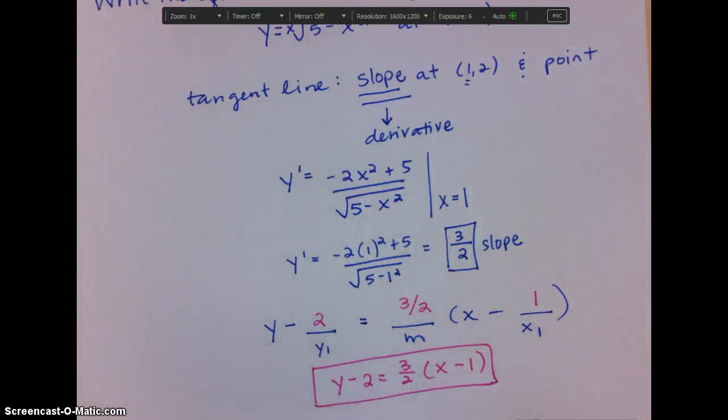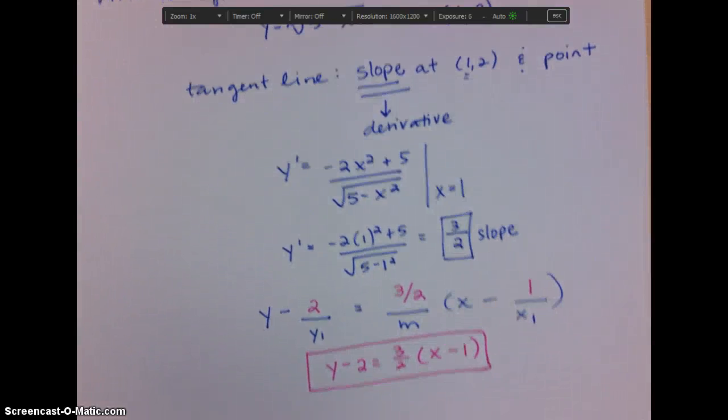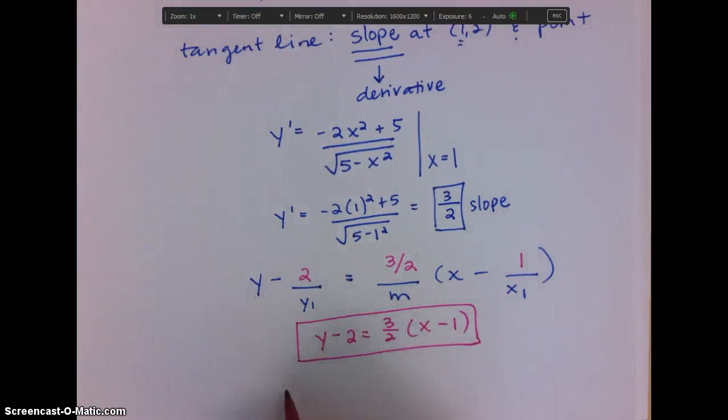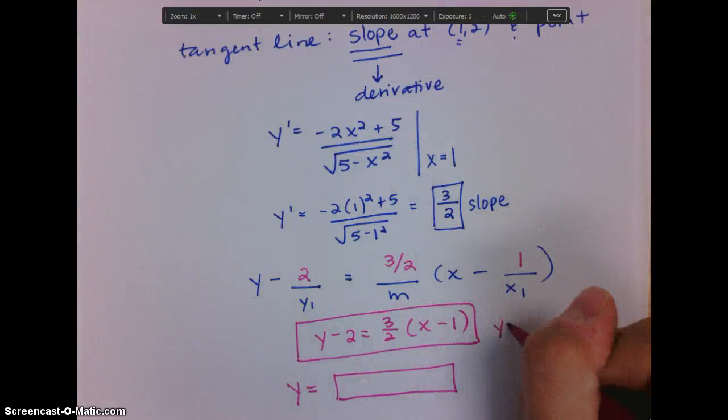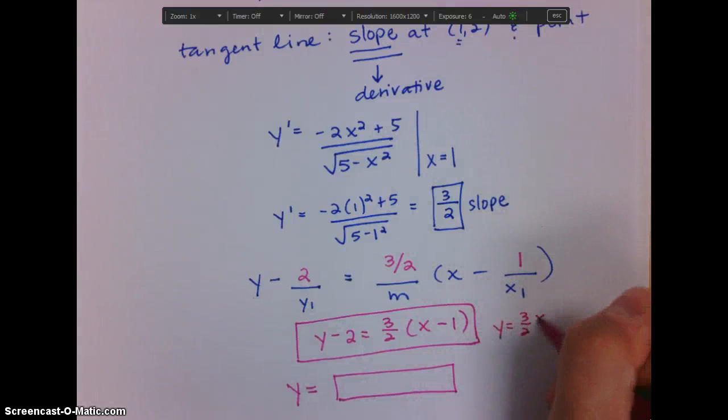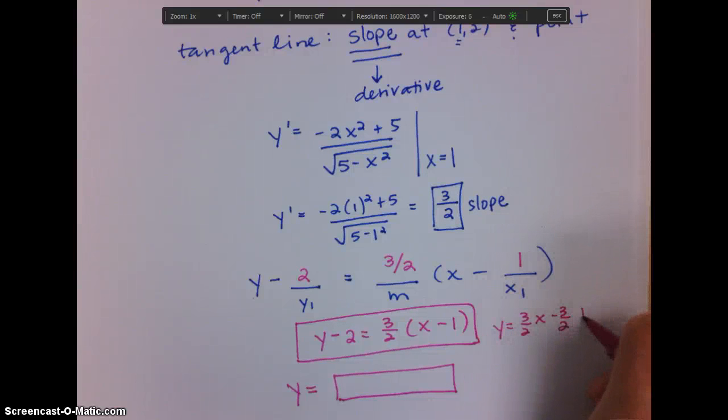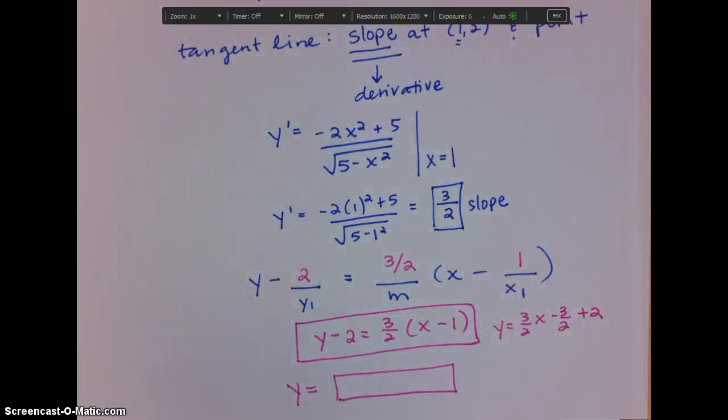The only thing is that when you guys use MyMathLab, a lot of times it'll prompt you to give your answer like this, where it'll start with the y equals part and the blank is the rest of it being filled in. So you may have to distribute this and then add the 2 over in order to get into y equals form. So I can do that here on the side just to see what we would have.